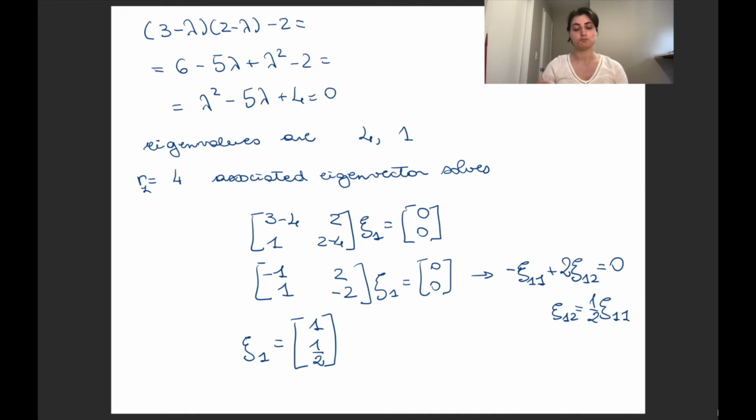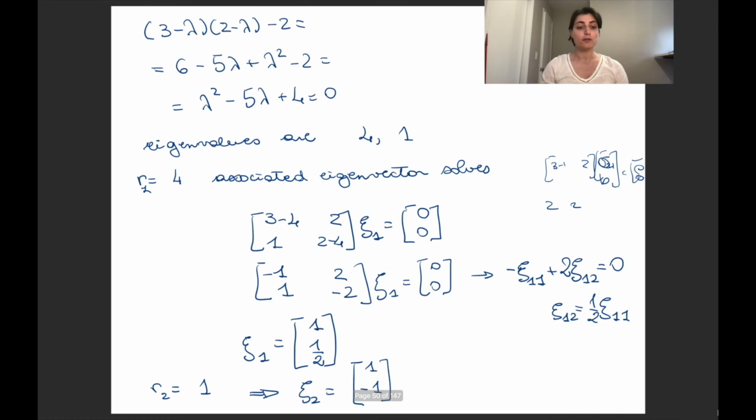is equal to 0. We can solve this and find that xi1, the eigenvector associated with the eigenvalue 4, is the vector 1, 1/2, or any multiple of this. But 1, 1/2 is pretty nice to work with, so we're going to keep that. We can also compute the other eigenvector associated to the other eigenvalue 1.